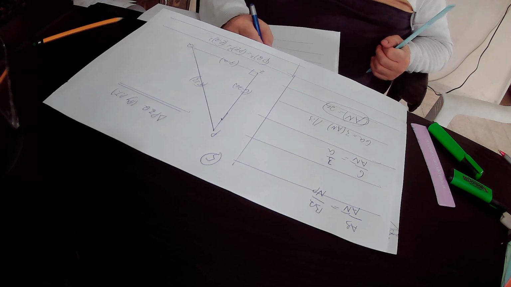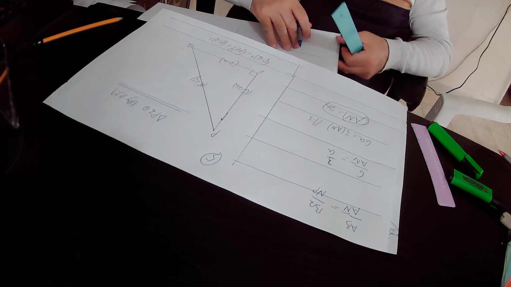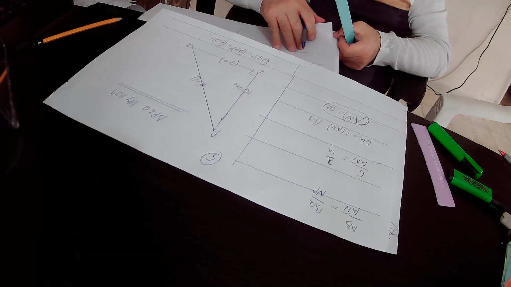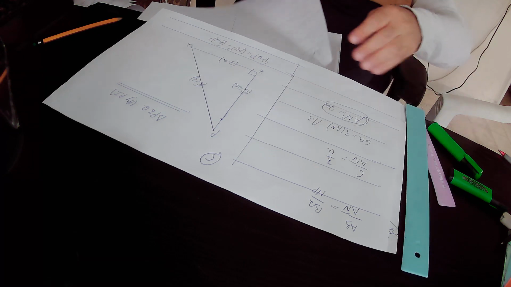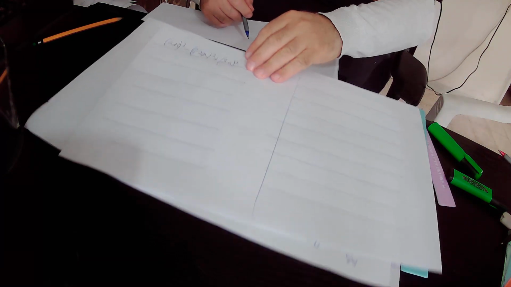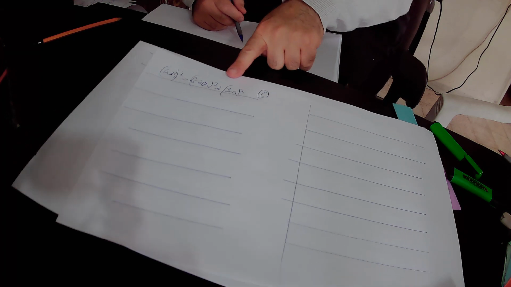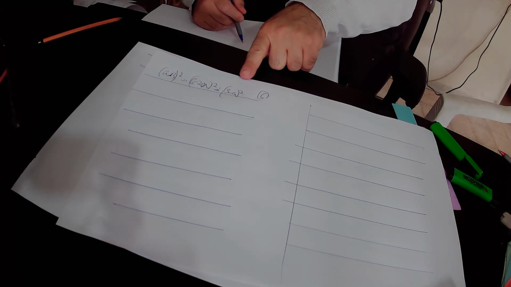ZQ is 3 minus a, therefore ZQ squared is (3 minus a) squared. So in conclusion, according to the Pythagoras theorem, in the right triangle PZQ, (a plus 3) squared equals (6 minus 2a) squared plus (3 minus a) squared.